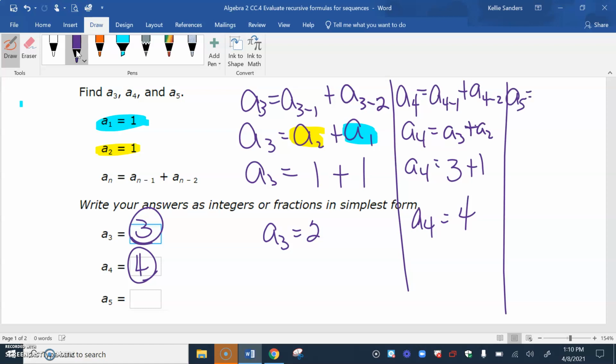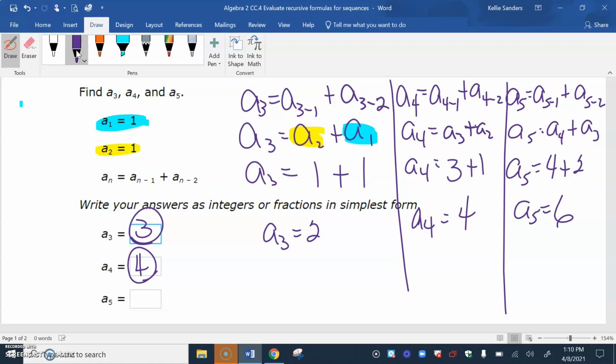The fifth term, A sub 5, is A sub 5 minus 1 plus A sub 5 minus 2. A sub 5 is A sub 4 plus A sub 3. So our fifth term is whatever A sub 4 was, which is 4, plus whatever A sub 3 was, which is 2. So A sub 5 is 6.